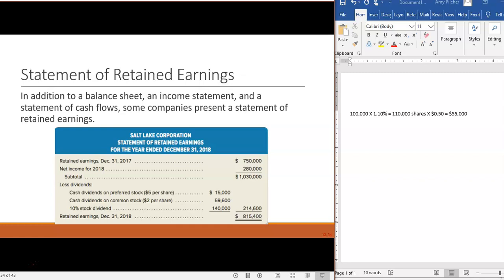Remember, we take beginning retained earnings, add net income, subtract dividends, and that gives us our ending retained earnings.